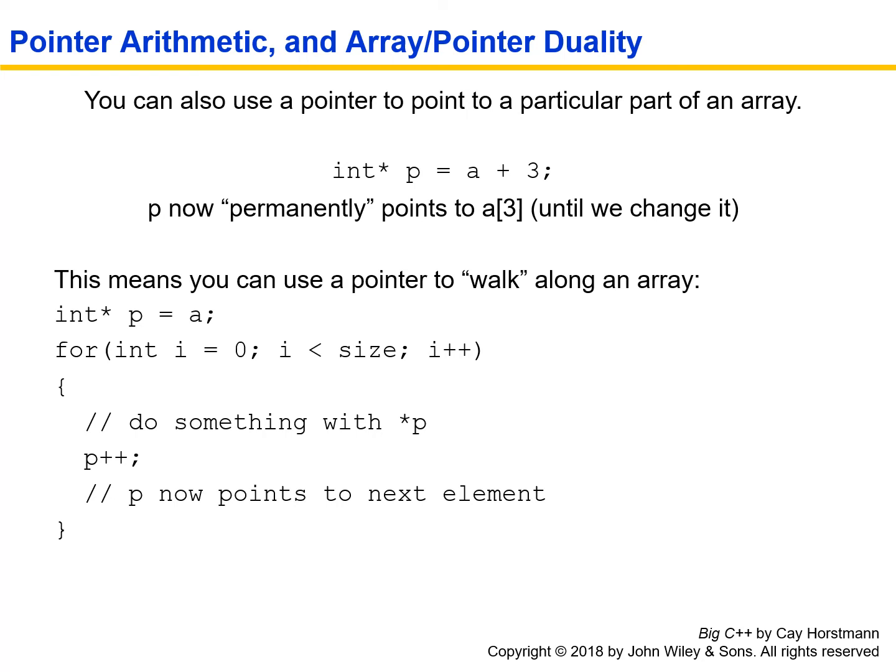And then I say p++, well, p now points to the next element in the array. So I can just walk along the array one element at a time. I could have also put p += 2, and then I could skip along the array, using or modifying every other element in the array. There are all sorts of fun tricks you can do with pointer arithmetic.